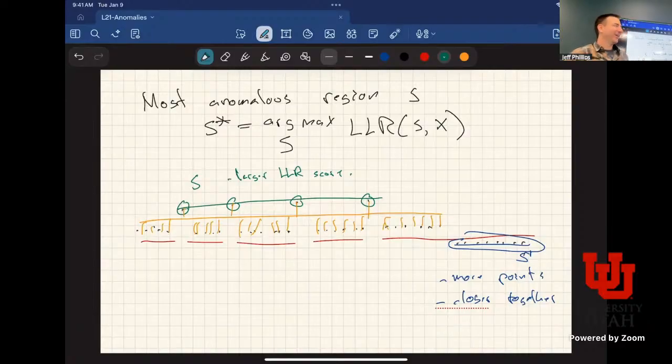Okay, few people. Okay, so I think S prime is a more interesting anomaly in that it's kind of grouped together in this way. And I alluded to that earlier in the lecture. That may not be the case. This one may be more interesting.